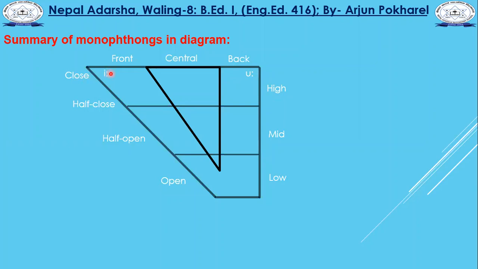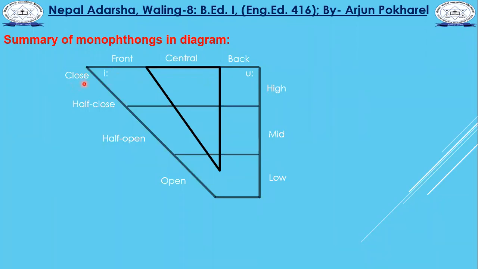You have to put them in this position at the top, because they are high vowels, and U is back, and E is front. The front part of the tongue is involved in the production of the E sound.